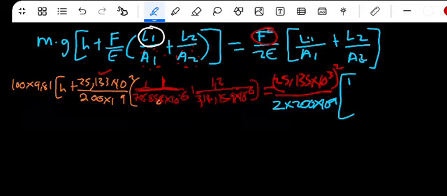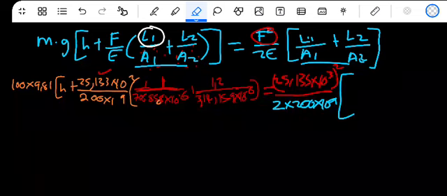this is the same. If you can check, this is the same as that, exactly. So that is the same thing.